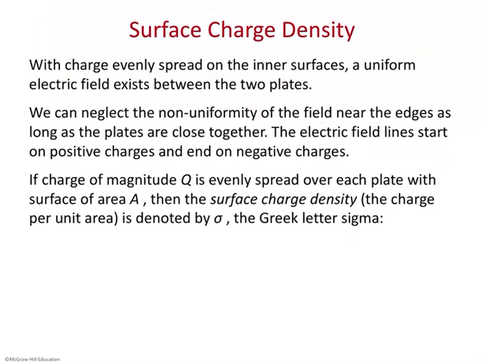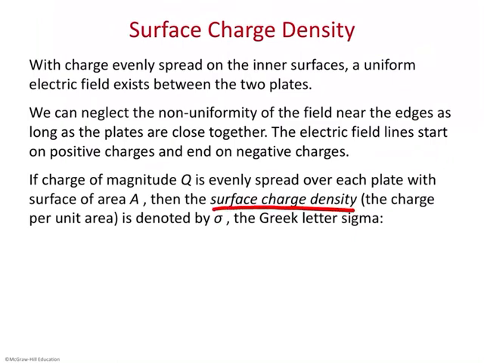Because of that, it's going to leave this charge on the surface. And the charge is going to spread evenly on the two surfaces and be in sort of an equilibrium.